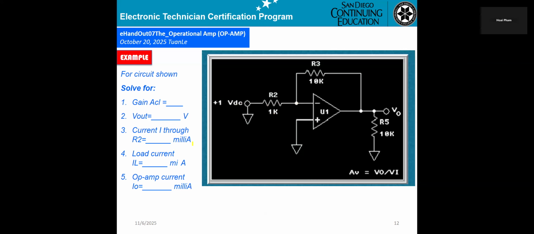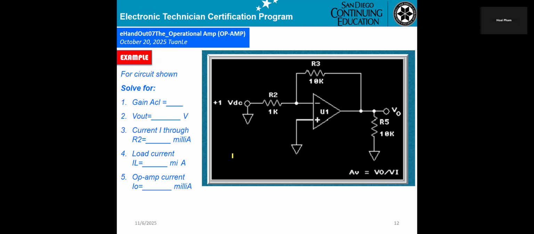That's how you get current I. And now they want the load current, that means the current flowing through R5. Basically, it's the voltage difference, 0 volt minus V out, divided by 10K. That's how you get the current IL.